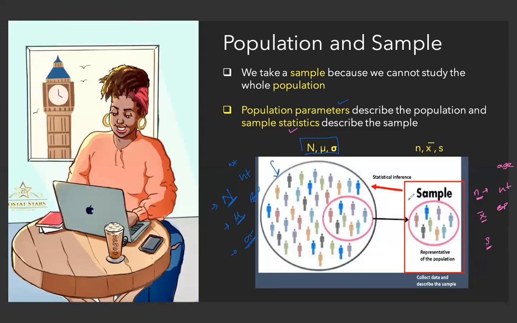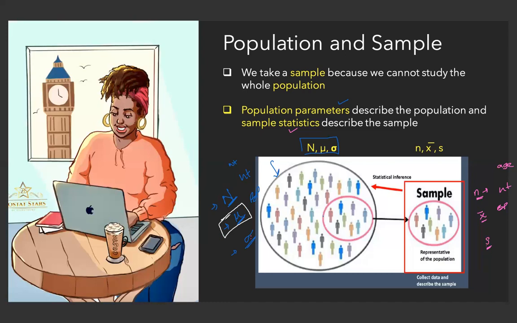Now remember, the whole point of taking the sample is because we could not study the population. So whatever we get from the sample is really trying to give us an estimate of what is happening in this population. I say this is very important because when we do research, we're usually interested in a particular average about the population.